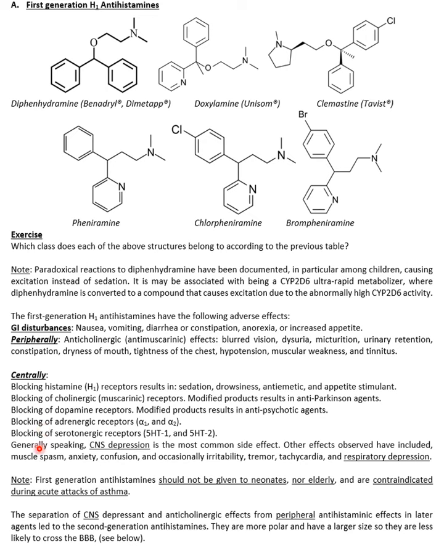But generally speaking, the central effect of the first generation antihistamine, because they cross the blood-brain barrier, causes CNS depression and other effects such as muscle spasm, anxiety, confusion, irritability, tremor, tachycardia, and respiratory depression.